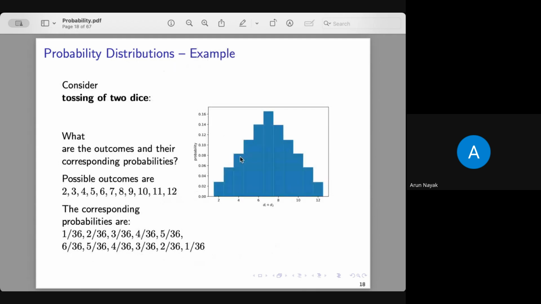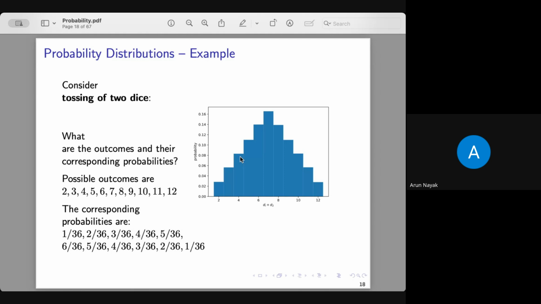Now, the example I gave earlier is a single dice, which is basically the uniform distribution between 1 and 6. Now consider an example where you throw two dice together, simultaneously.